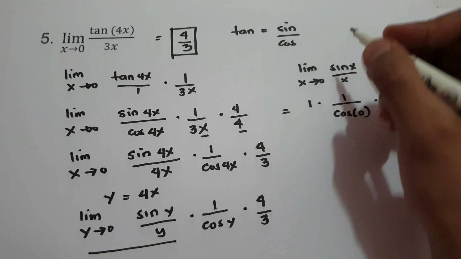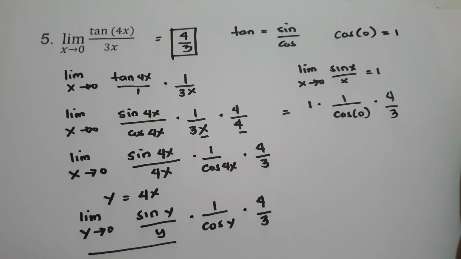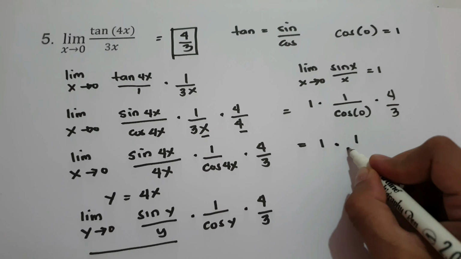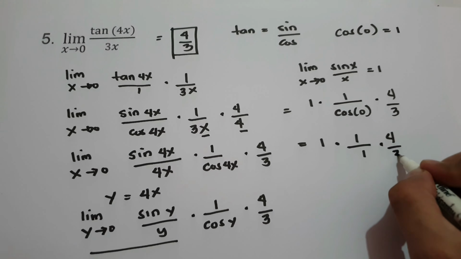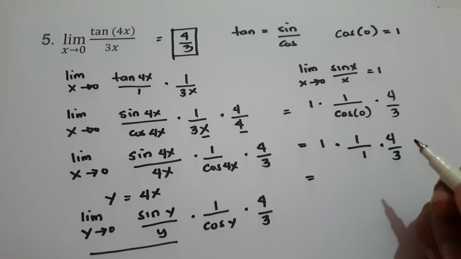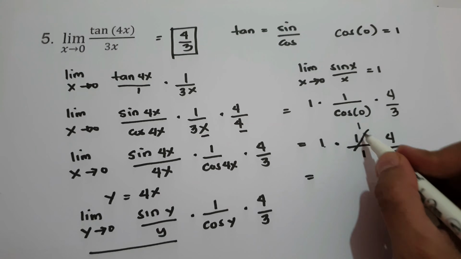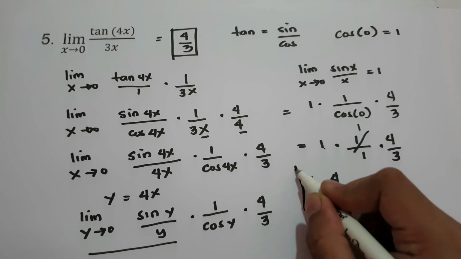We all know that cosine 0 is 1. So that is 1 times 1 over cosine 0, which is 1, times 4 over 3. Let us simplify. 1 times 1 times 4 over 3 is 4 over 3. And this will be our answer.